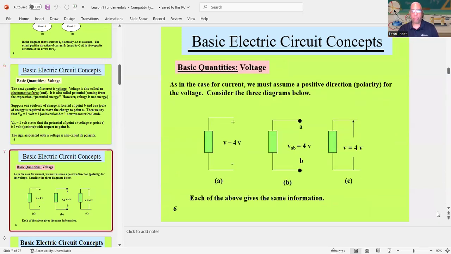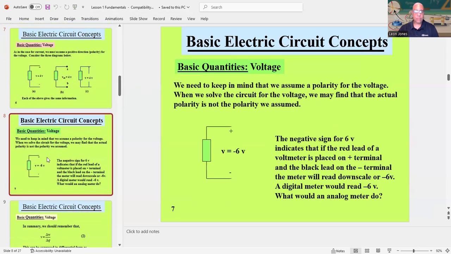So let's get into some basics right here. As in the case for current, we must assume a positive direction, which is polarity, with a voltage. So consider the 3 diagrams. Each of the above diagrams gives you all the same information. Now, keep in mind that when we assume a polarity for voltage, when we solve the current for the voltage, we may find that the actual polarity is not the polarity that we assumed.